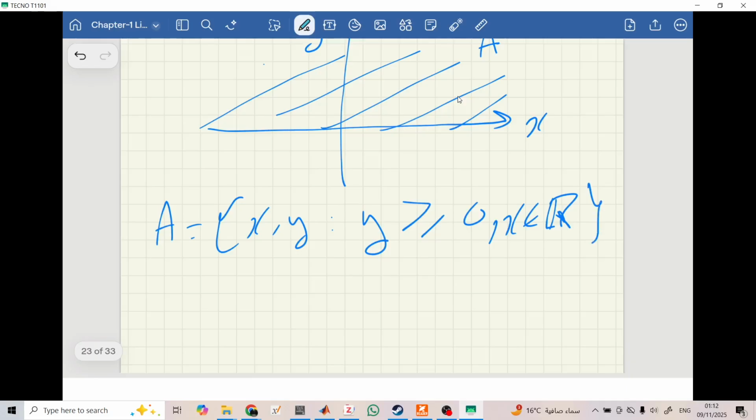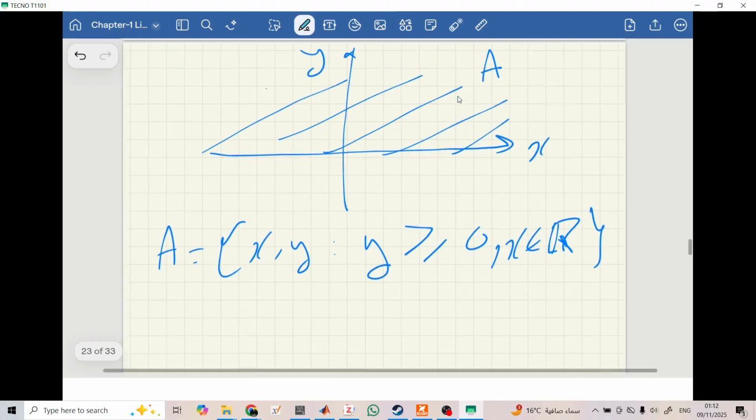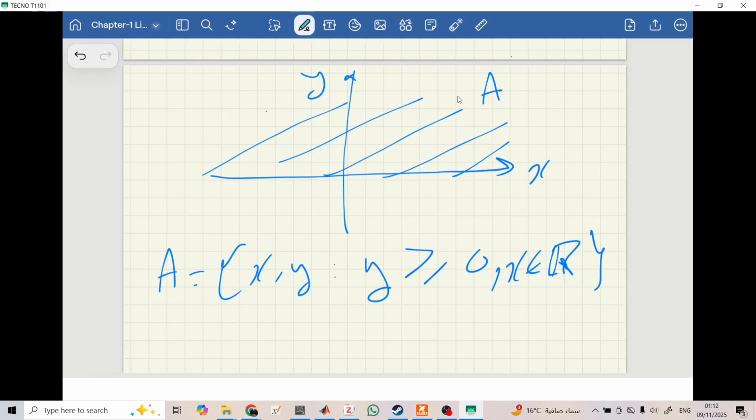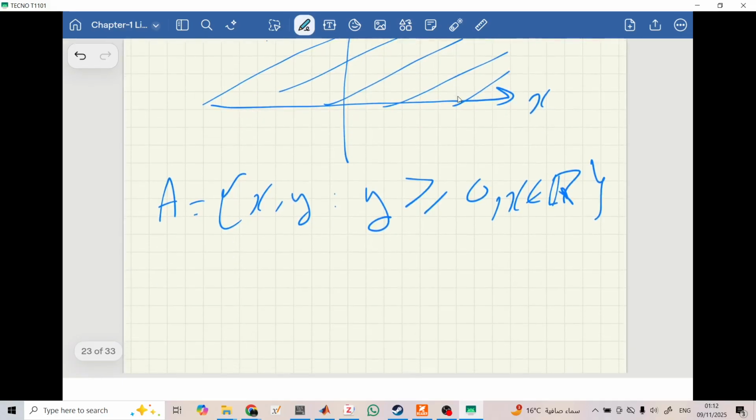This is set A. Is set A a vector space? Let's check the closure under addition and multiplication. Taking addition, let's say we have two vectors A and B that belong to A. Now we have vector C equals A plus B. Does this vector belong to A?